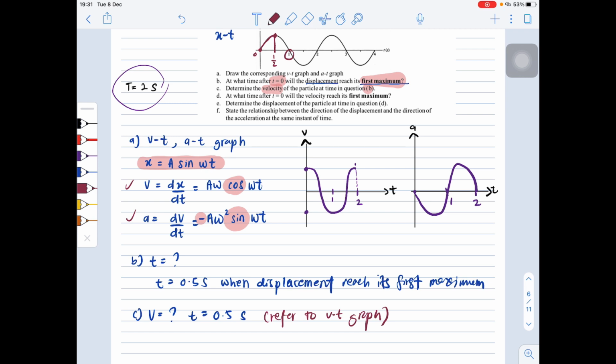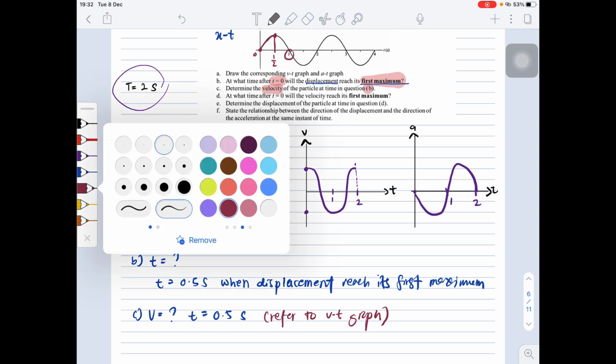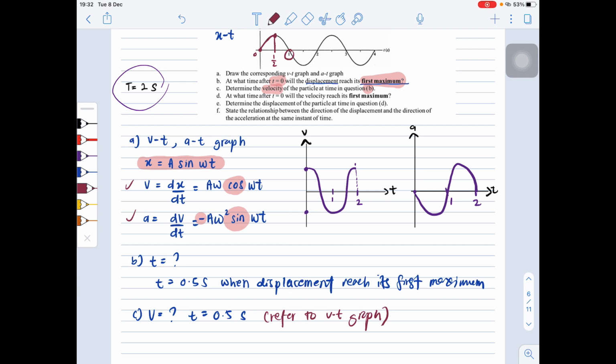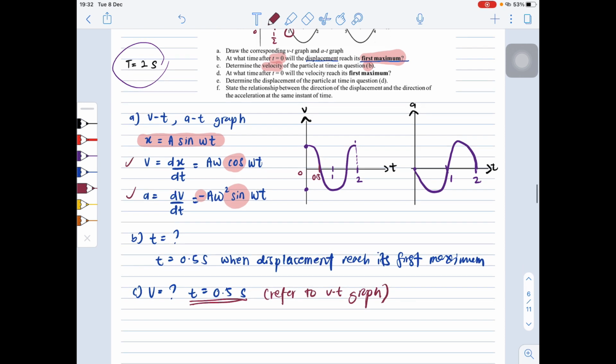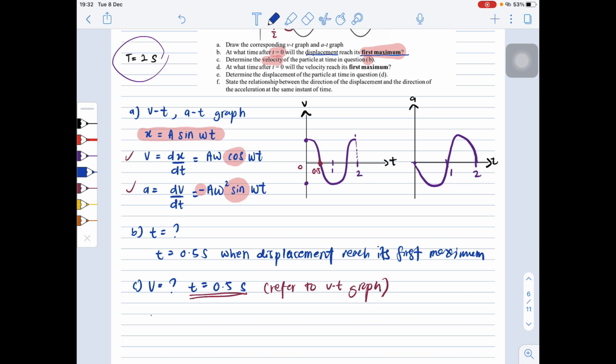So this one is our VT graph here. Apabila t sama dengan 0.5, so sini kosong, so this one will be 0.5. So what is the value of V here, which is dia ngam-ngam dekat sini kan, so it will be 0 lah. V will be equal to 0 meter per second.